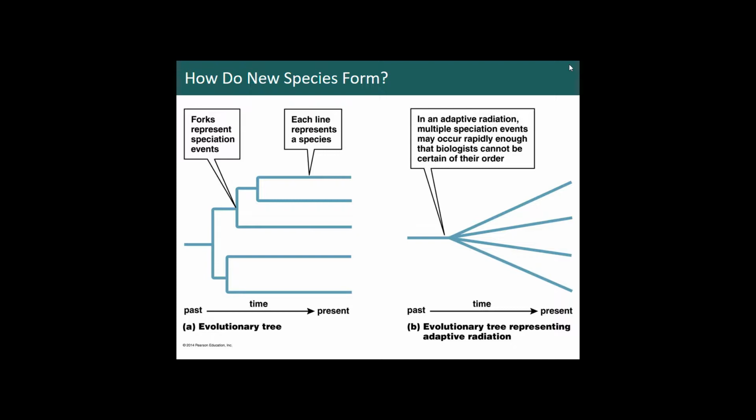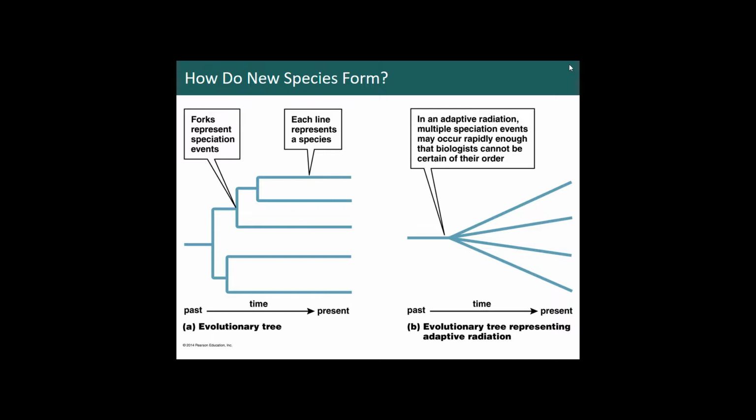In adaptive radiation, this species finds itself on the island and then splits quite rapidly in evolutionary time into many species. So instead of stepwise multiple speciation events, we have one big speciation event where these organisms find themselves in a habitat that's wide open with lots of unoccupied niches.